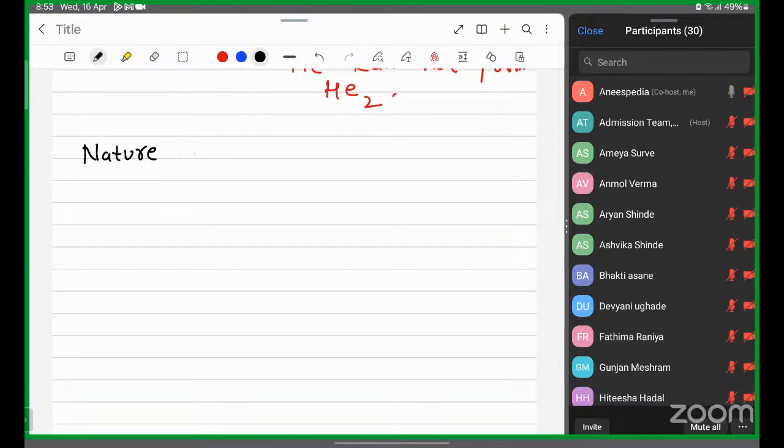Okay, next point in the same concept may be about the nature of the molecule. In this category, we take two possibilities for a molecule to be either diamagnetic or paramagnetic.